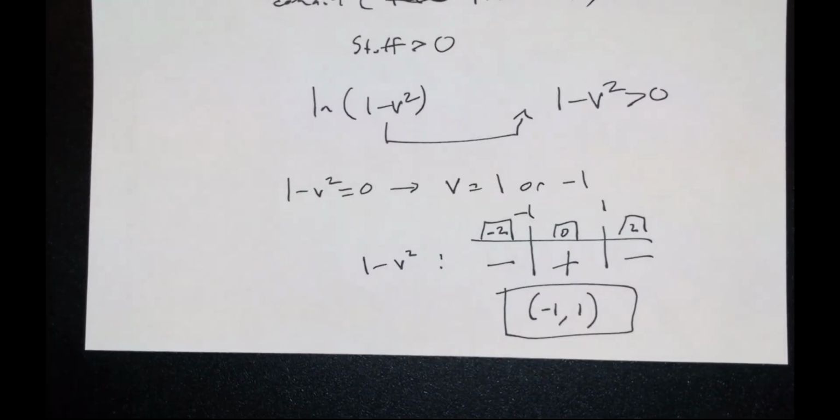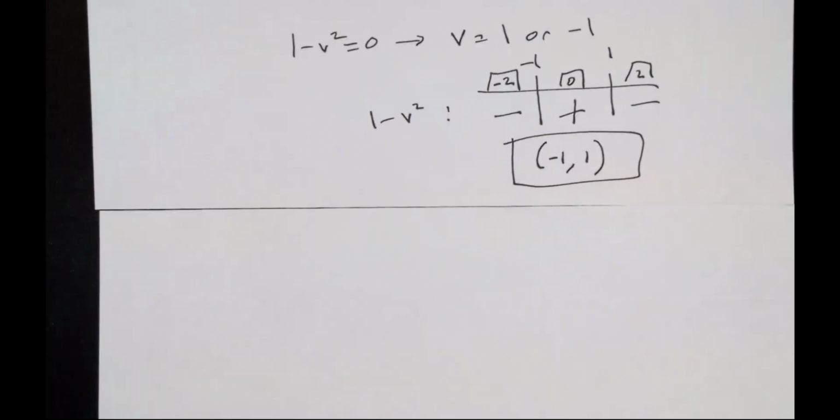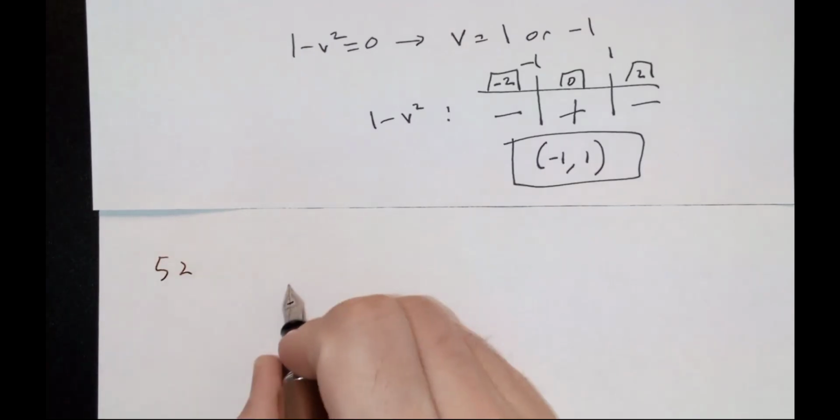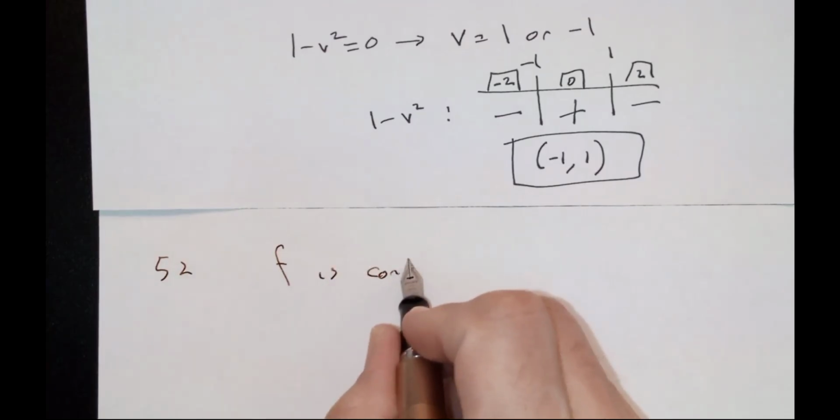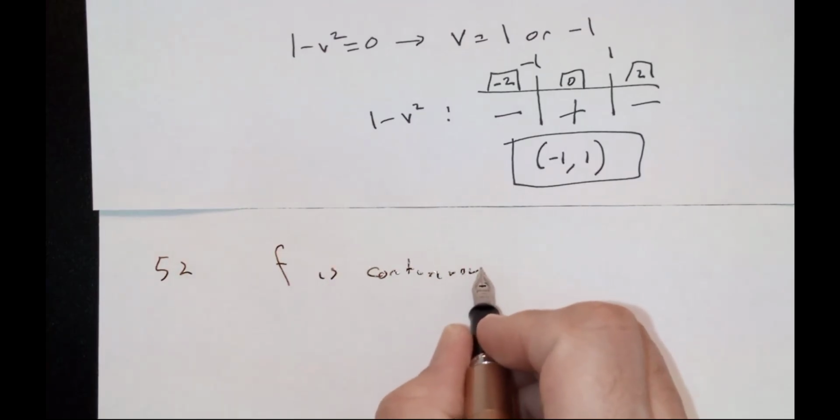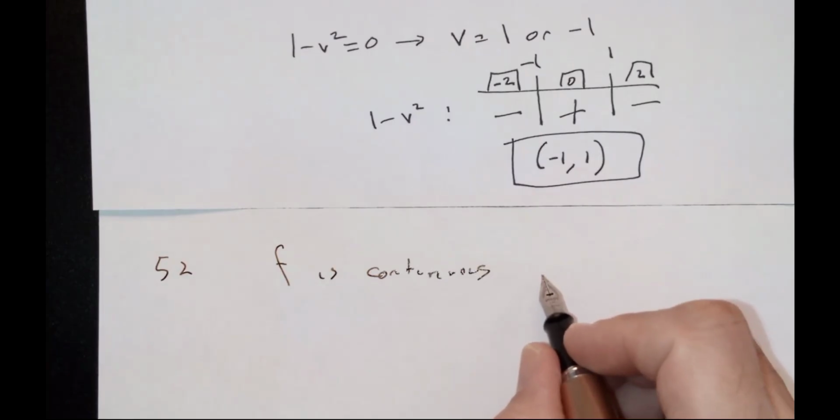Number 52, that's the one I was drawing the pictures, right? Yeah. Okay. So what are we told about our function in that problem? F is continuous on all of 0, 1?